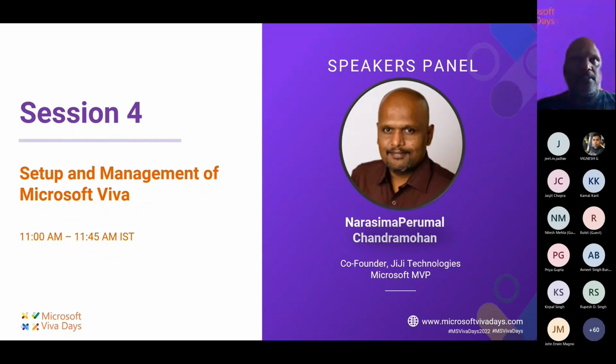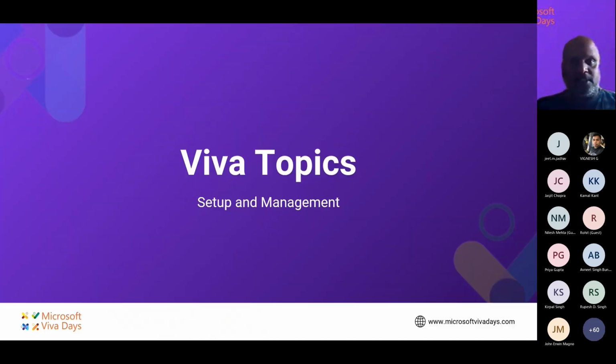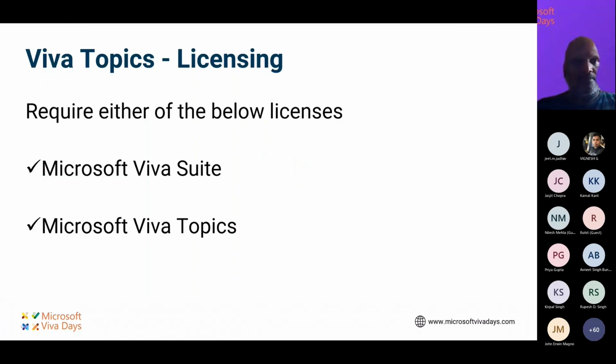I'm going to cover all four things: Microsoft Viva Topics, Viva Connections, Viva Learning, and Viva Insights. First, I'm going to focus on Viva Topics. So, licensing. To use Viva Topics, you need either a Viva Suite license or a Viva Topics license. Viva Suite includes all 4 things: learning, connections, topics, and insights.